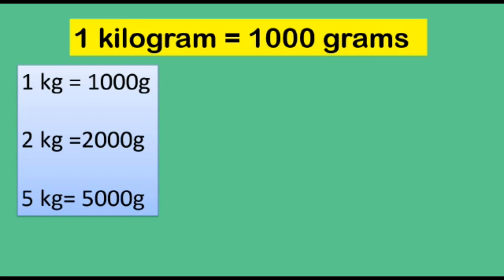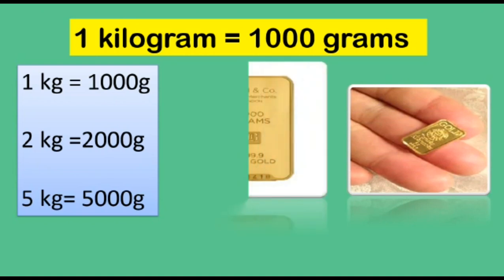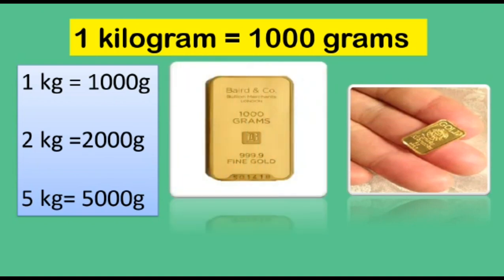And 5 kilograms equal 5000 grams. Can you see the difference here? This is 1 gram, and this is 1000 grams, which means 1 kilogram.